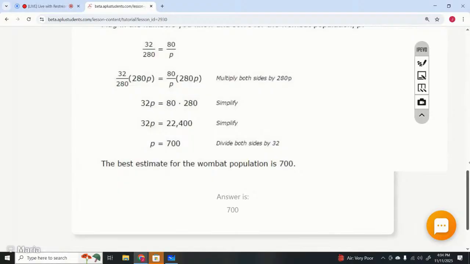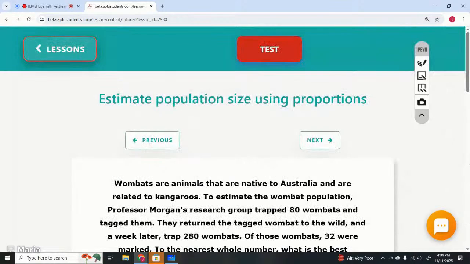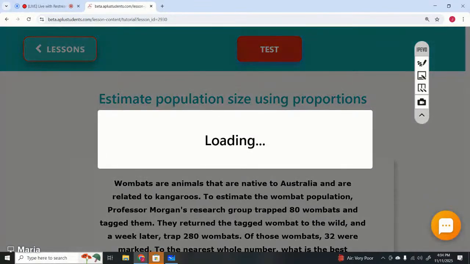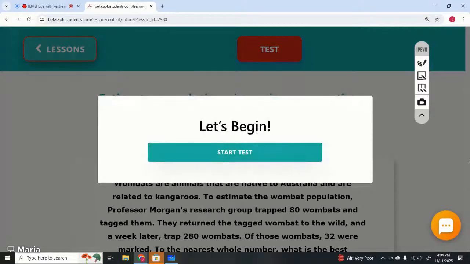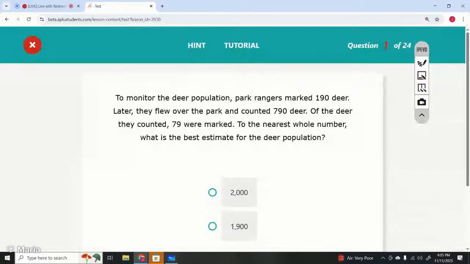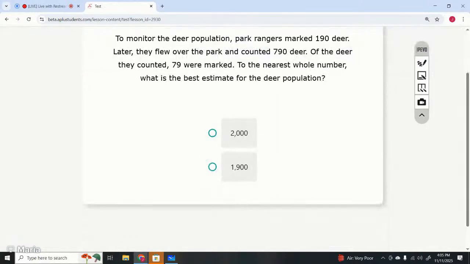Okay, let's just start with the test questions. To monitor the deer population, park rangers marked 190 deer.